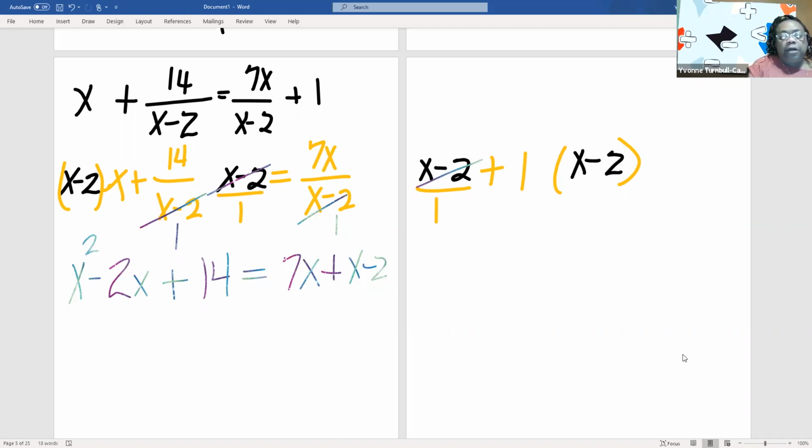Now I'm ready to combine. Oh, ding, ding, ding. I see a second degree. That tells me quadratic. So that means I need to get the equation set equal to 0, which means we need to bring everything over to one side.